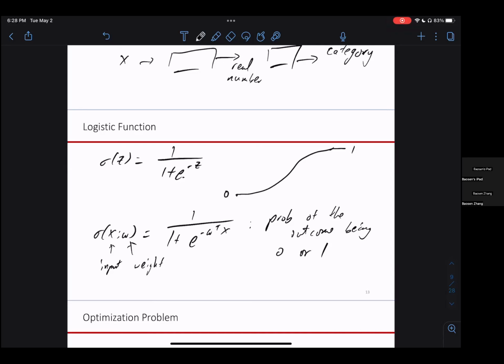Then you just compare which is more likely and declare that the outcome. So it's very easy to get from a continuous number to a discrete number. What we do is just threshold. There's nothing magical happening here. Just look at which one has the largest probability and declare that's the truth.